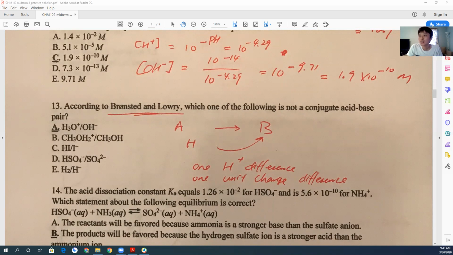In this case, A, we have hydronium and hydroxide. That's a 2 proton difference, and also a 2 charge difference. That's not a conjugate acid-base pair. The other choices all have 1 proton difference and 1 charge difference.